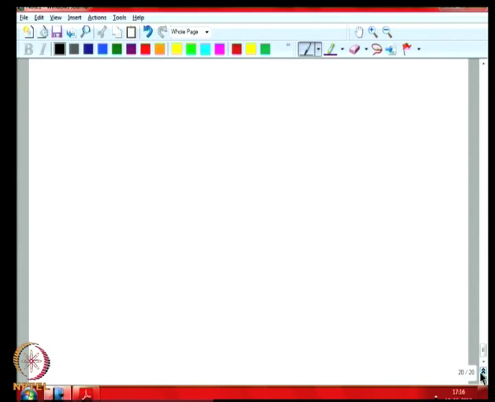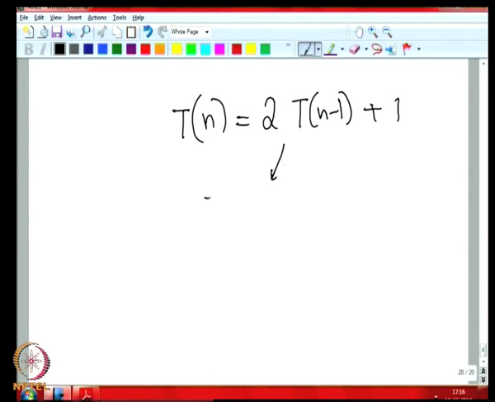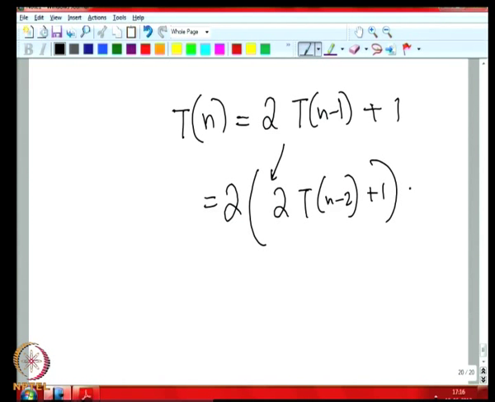Now, T of n, because you are familiar with this recurrence relation from your algorithms class and all. So, we know this solution is usually found as follows: you write T of n like this, then you substitute 2 into 2 of T of n minus 2 plus 1, plus 1, which will give you 4 times T of n minus 2 plus 2 plus 1 and so on, right.